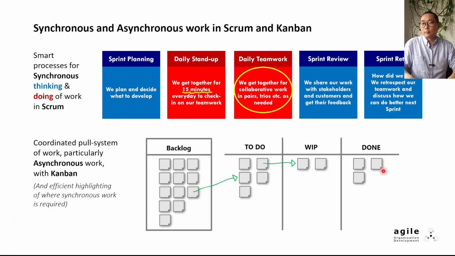Let's take a closer look at blue and red time in Agile Scrum and its relationship with synchronous and asynchronous work. The three mandatory blue times in Scrum, that is sprint planning, sprint review, and retro, are time-boxed events for synchronous work as a team.